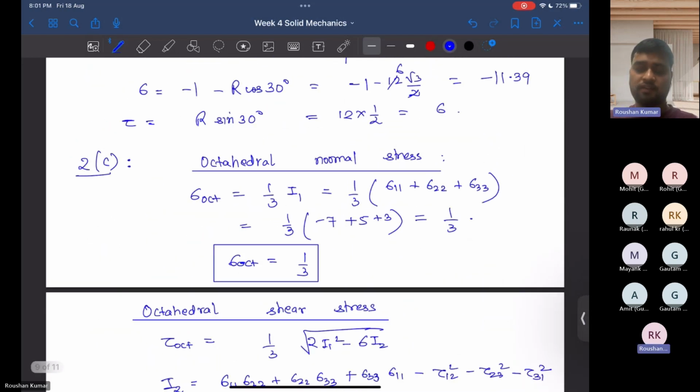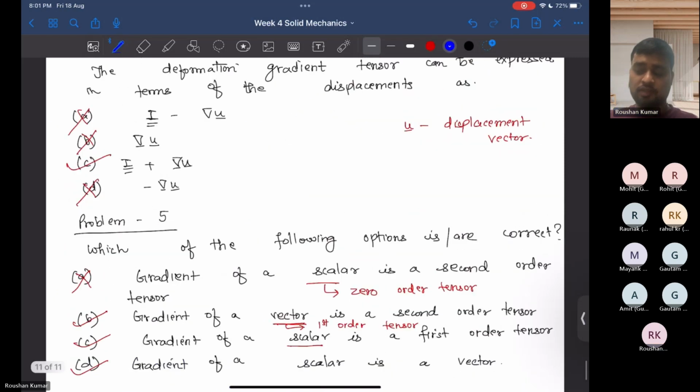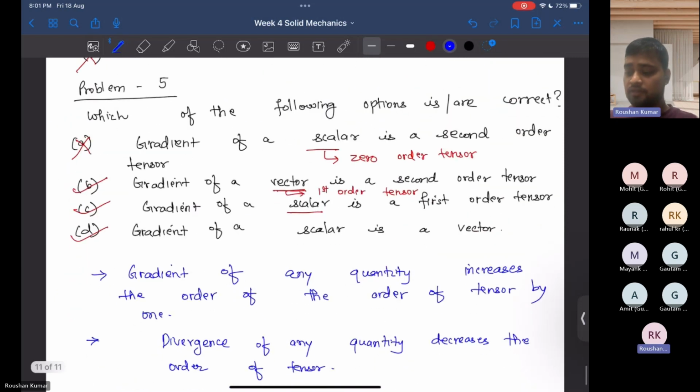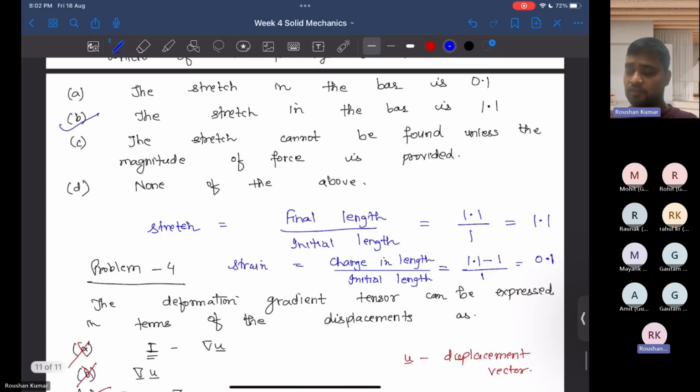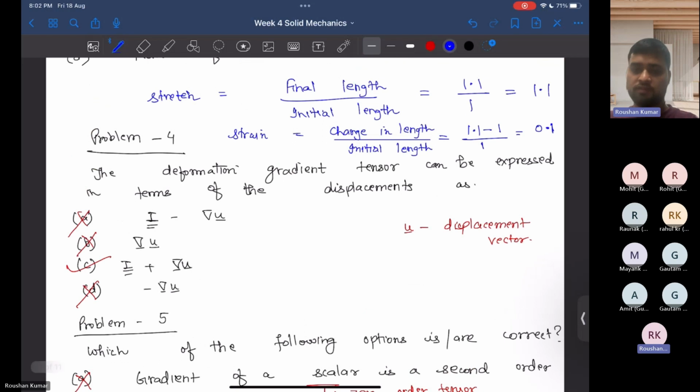The next 3 questions were based on the stretch, the deformation gradient tensor, and the normal tensor concept. The last 3 questions point out the concepts that you already covered from lecture 1 to lecture 10. The more detailed part of the strain concept will come in the next session, in which lectures 12, 13 and 14 will be covered.